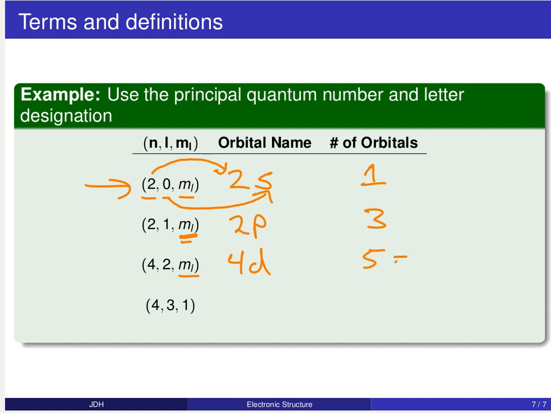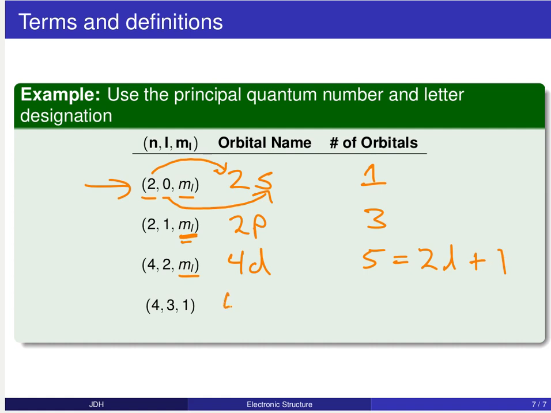As these numbers start getting bigger, it's nice to note the relationship mathematically that allows us to predict the number of orbitals. That relationship is simply 2 times L plus 1. It corresponds to taking all of the negatives of L and all the positives of L, so we get 2 times however many L you have, plus 1 because we have that possible m sub L value of 0. So we're going to get a 5 for that one.